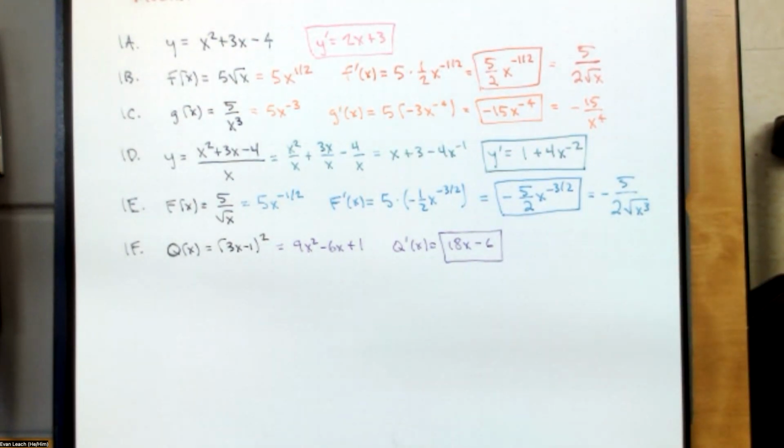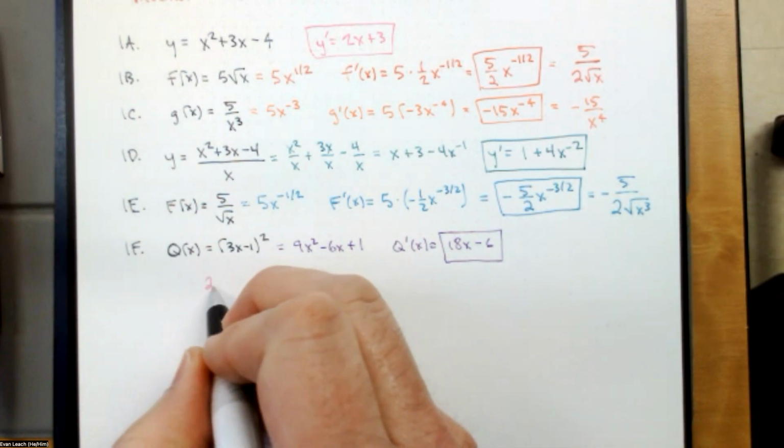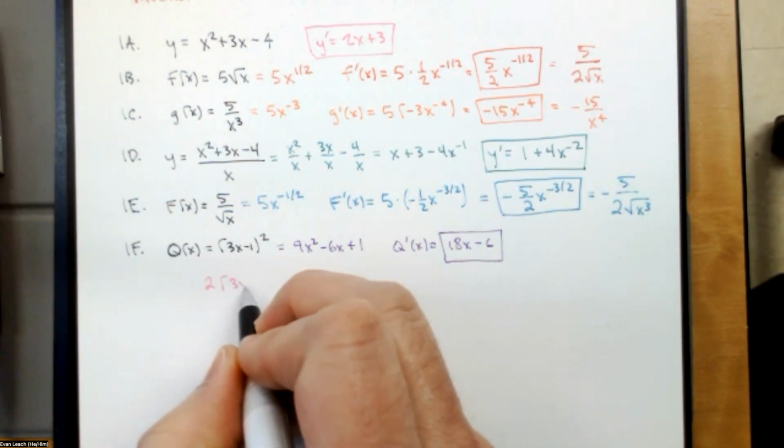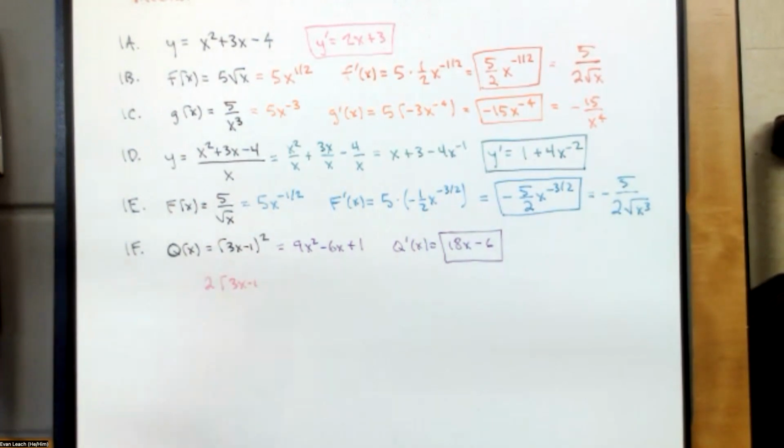At the time that we did these problems, we had talked about the chain rule. So some of you said, I'm going to use the chain rule on this, which is also acceptable. You might have chain ruled it by saying it's 2 times 3x minus 1.